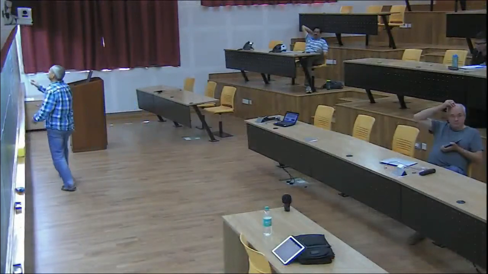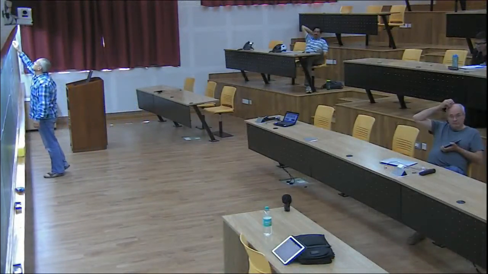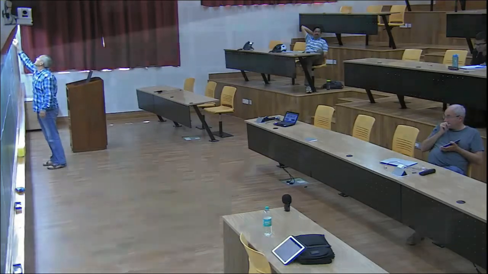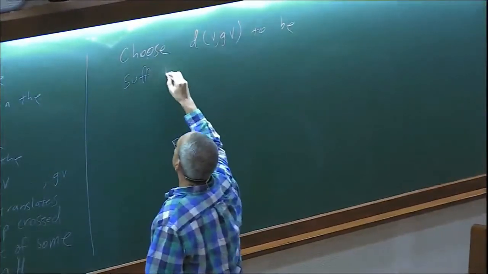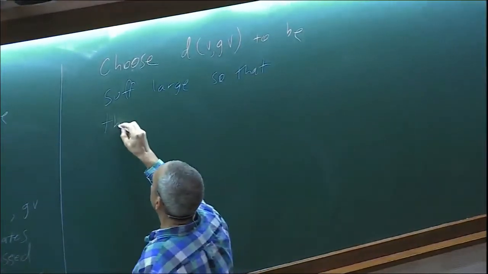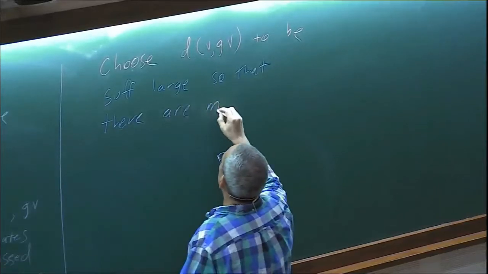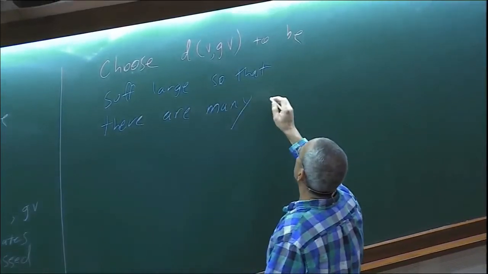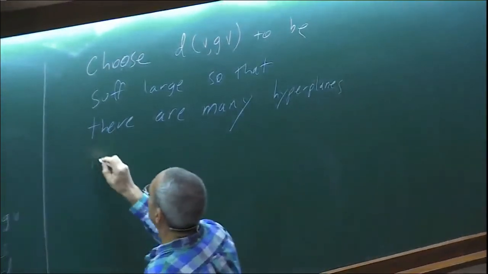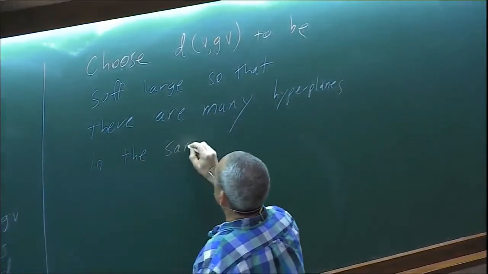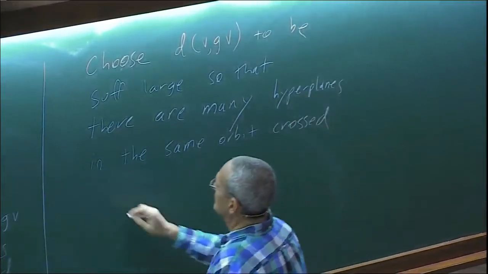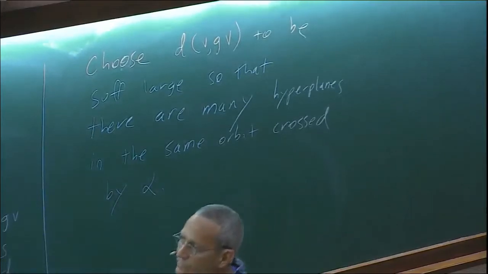So choose the distance from V to GV sufficiently large so that there are many hyperplanes in the same orbit crossed by alpha. You'll find many of them.